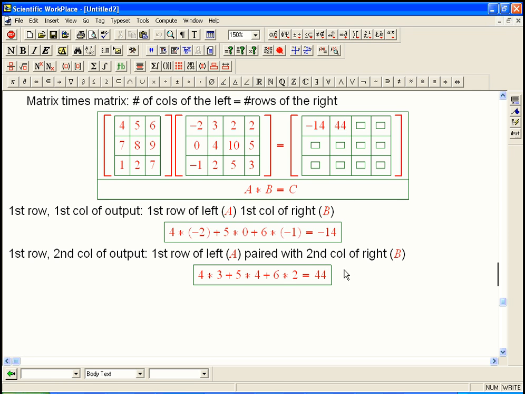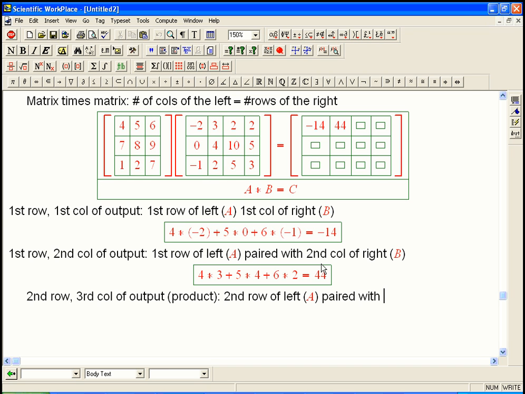Let me just do one more by hand. Let's say we wanted to do the second row, third column of the product, the output. That's going to be pair the second row of the left-hand matrix paired with the third column of the right-hand matrix, B. Okay, so that's this.